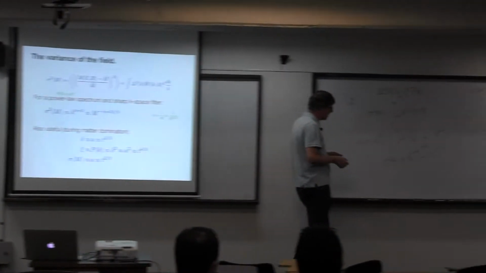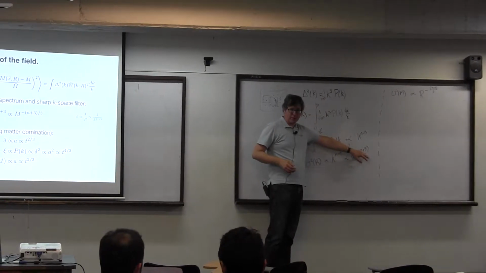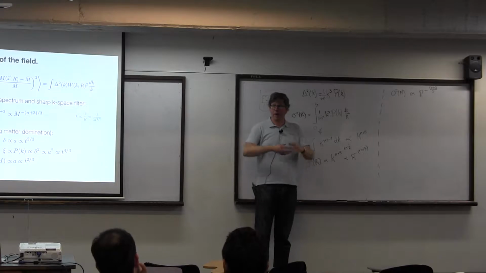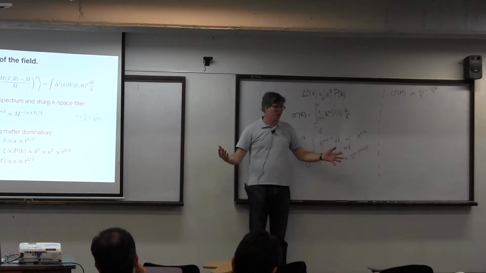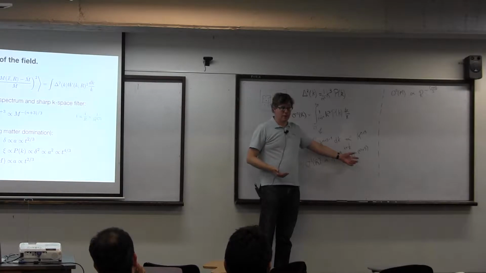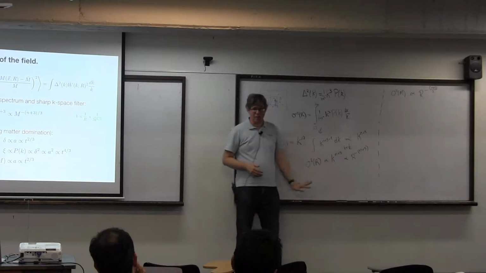So what this says is that when n is 0 here, it tells you that it's not likely to have a big structure, big overdensity on large scales. It is very likely to have big overdensities on small scales, because that's when sigma becomes large.